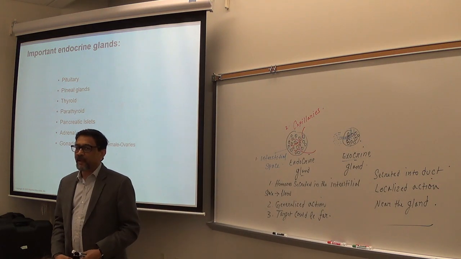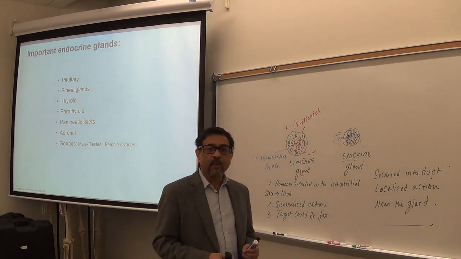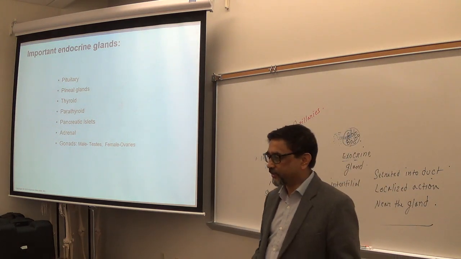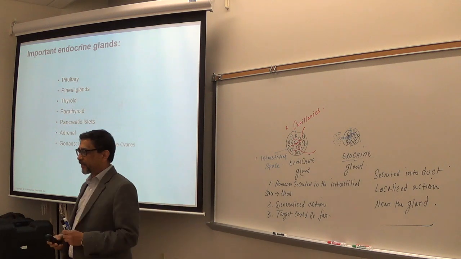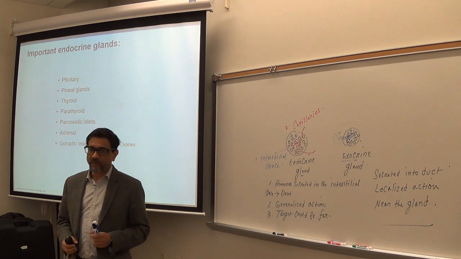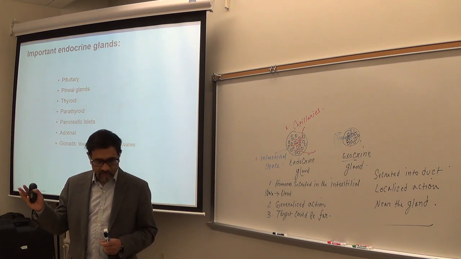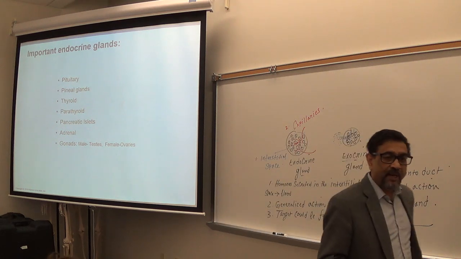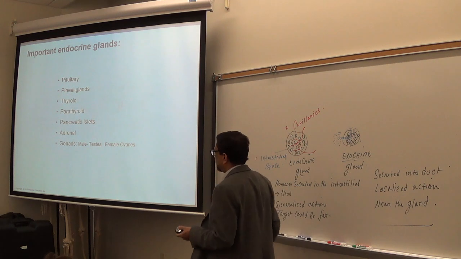If you go further down, gonads. Male gonads are testes, female gonads are ovaries. So 2 testes in male, 2 ovaries in female. Those are also glands because they produce and secrete what? Sex hormones. So these are important endocrine glands. There are more, but these are the important ones.